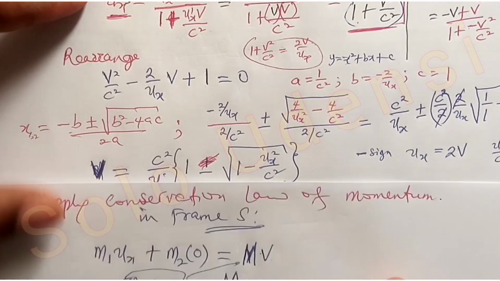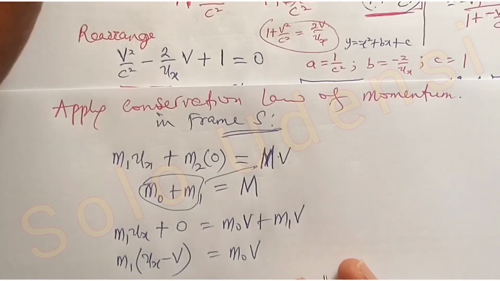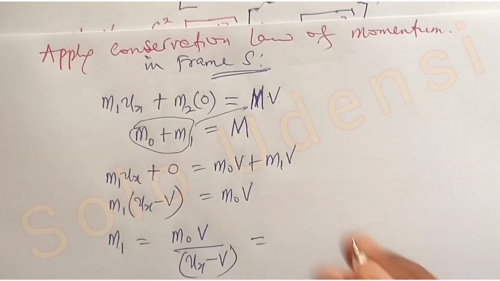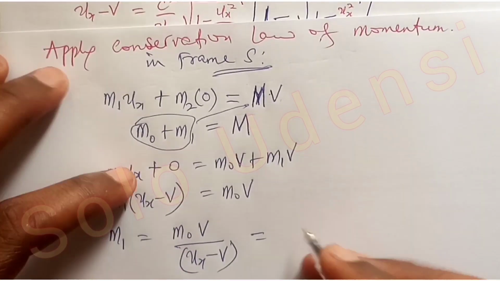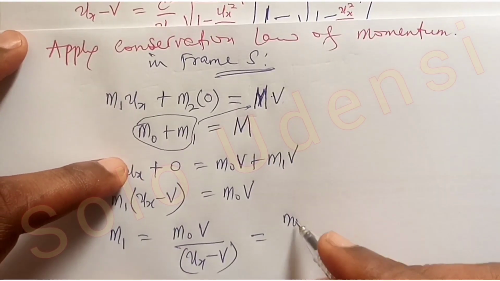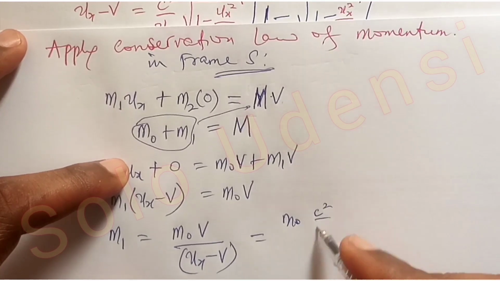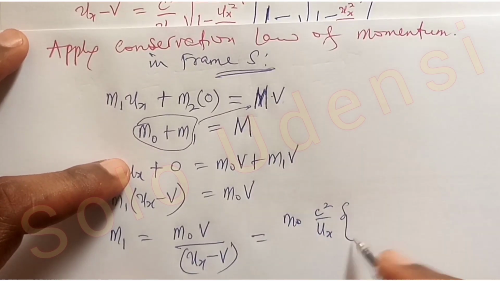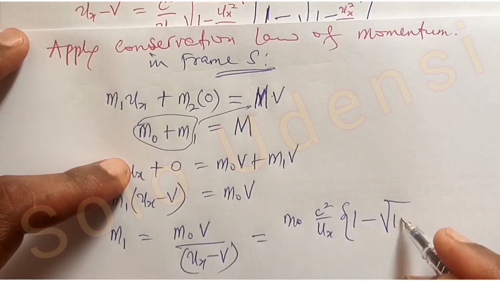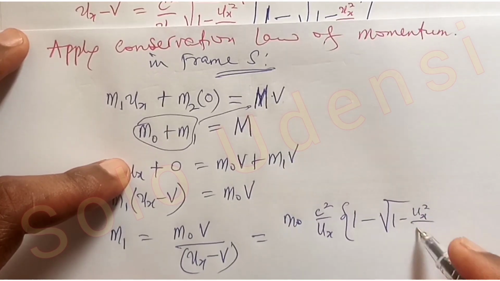And our ux minus v, we have found, and our v, we have found to be m0 c squared over ux into 1 minus ux squared over c squared.